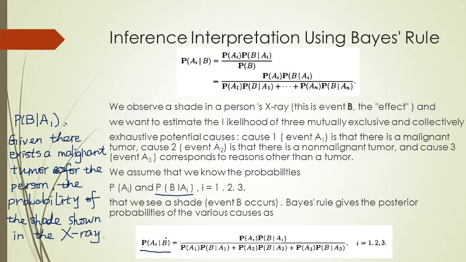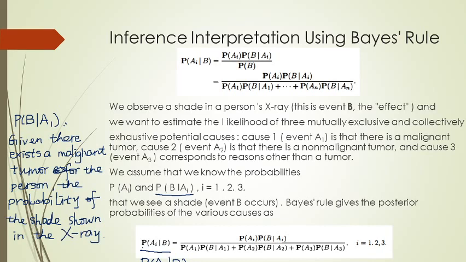He is going to check the probability, right? And this probability is important. If this probability is high, for A1, if we observe a shade for a patient in the patient's X-ray photos and it belongs to a malignant tumor, if this probability is higher, that might imply it's a cancer.